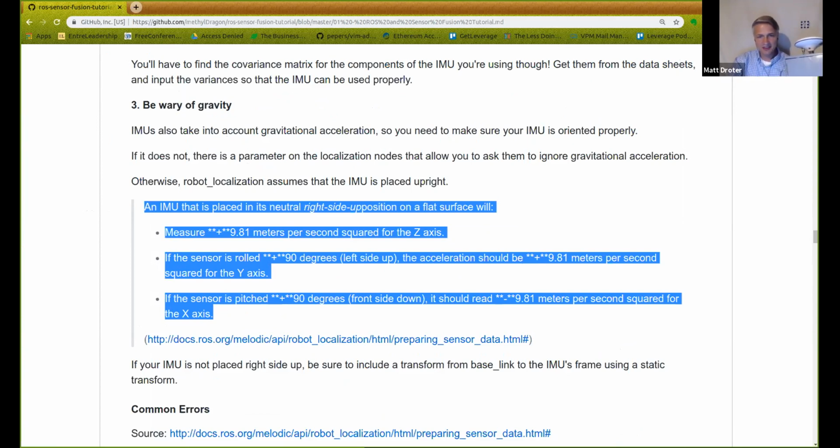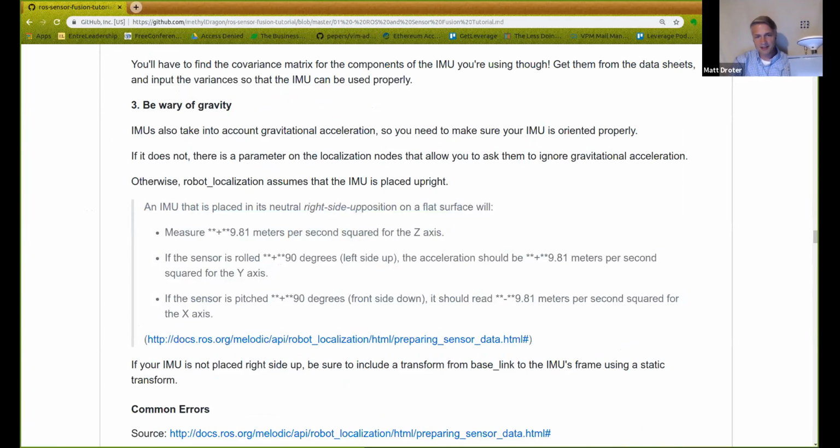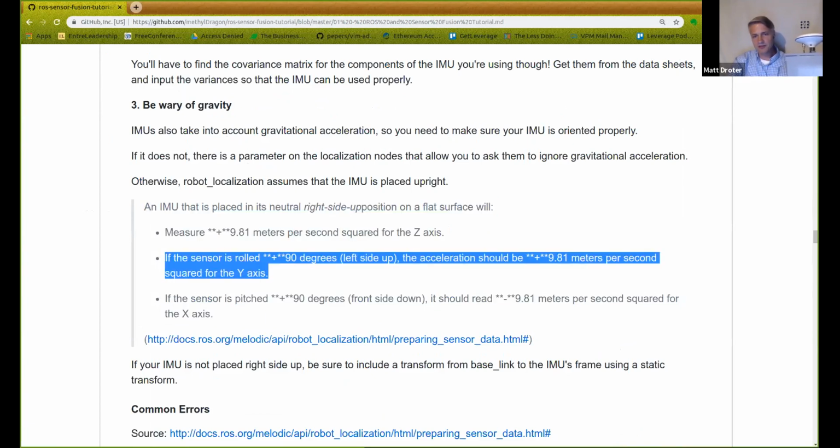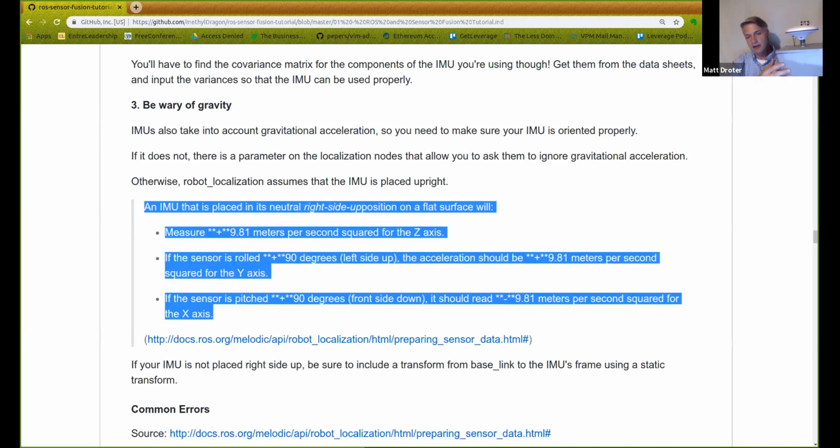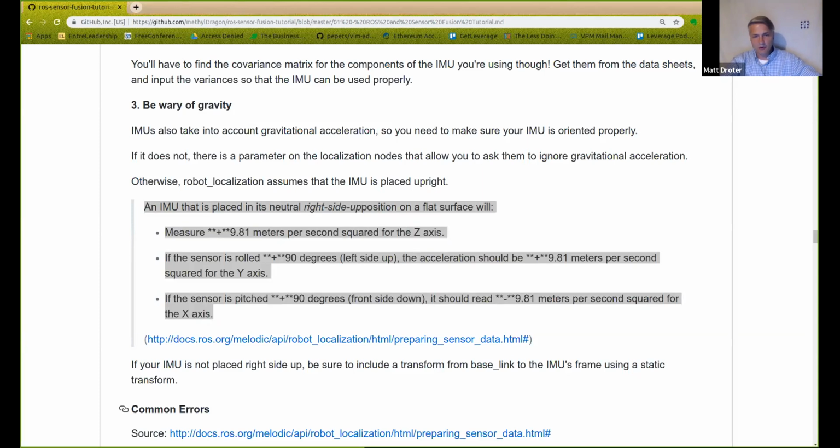So you just take a look at the Z and make sure that the Z is plus. And then he says if you rotate it left side up, you should measure gravity on that side. And if you pitch your nose down, you should read acceleration there. This is a really quick, easy test to tell if you have it mounted right and your data is coming in right.